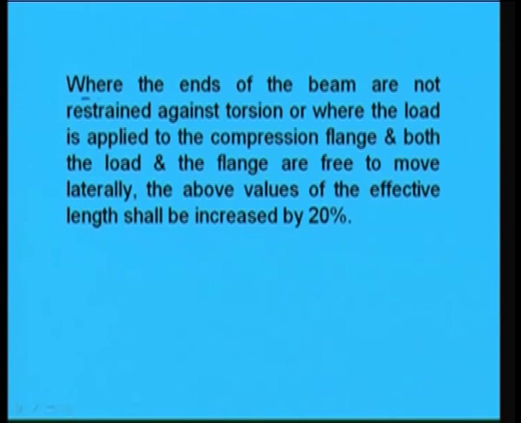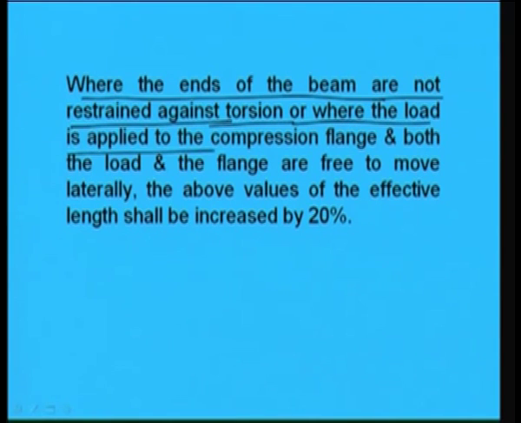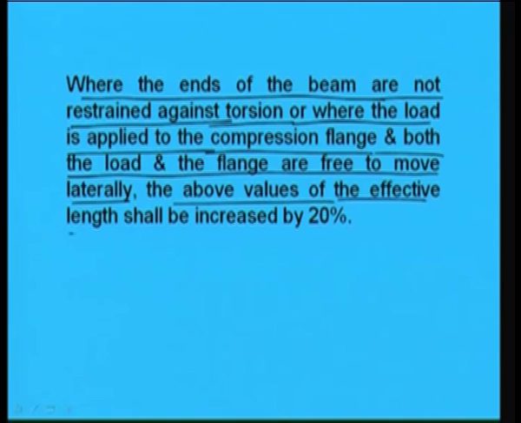Again, where the ends of the beam are not restrained against torsion, or where the load is applied to the compression flange and both the load and the flange are free to move laterally, the above values of the effective length shall be increased by 20%. That means 1.2 into LE.